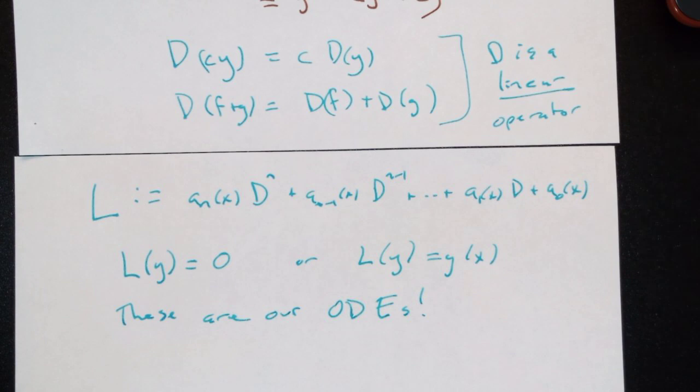Now I can stop writing out that gargantuan initial value problem over and over again. I can just write L of y. This is just a notational change.